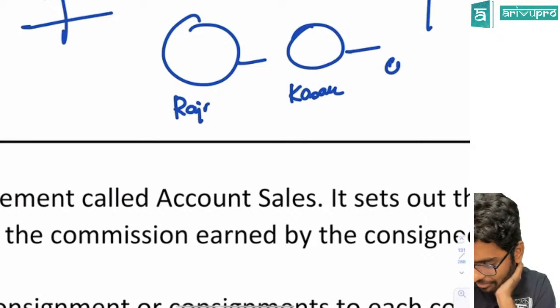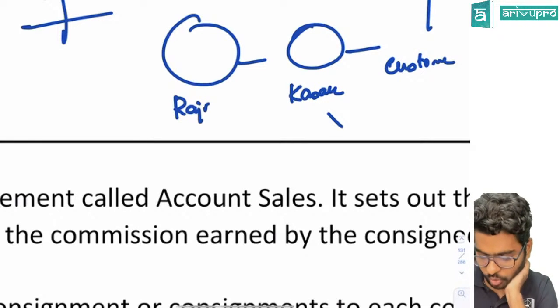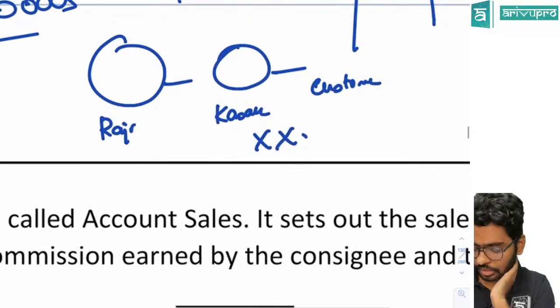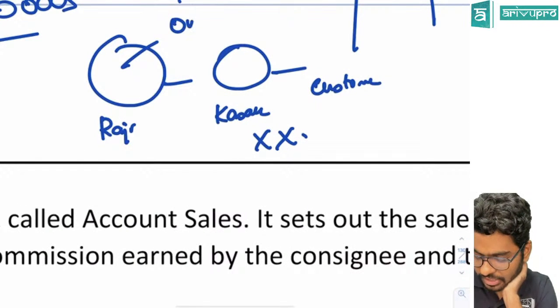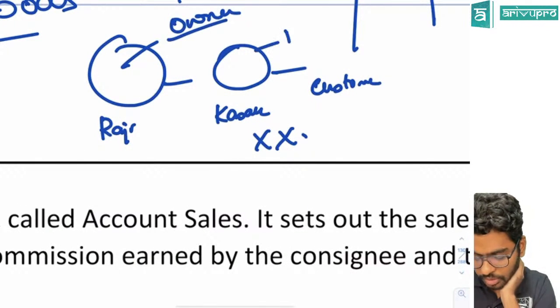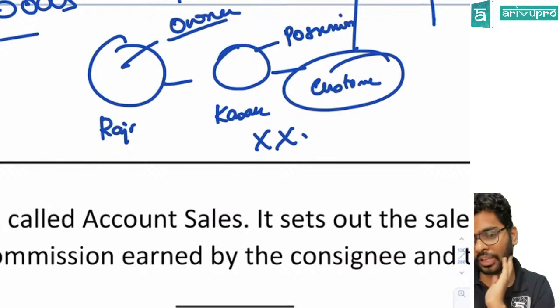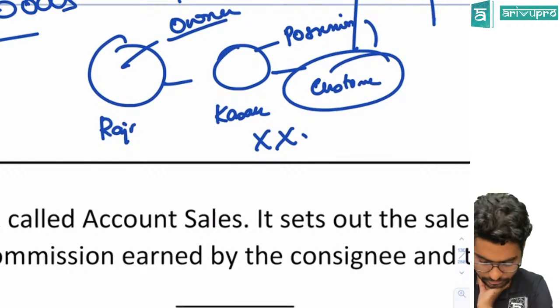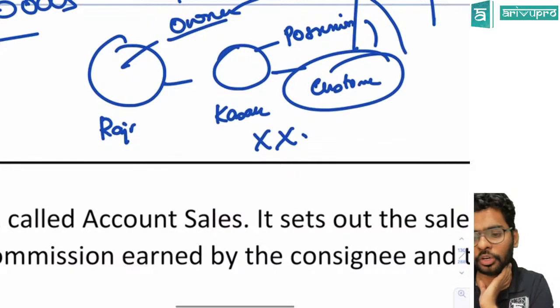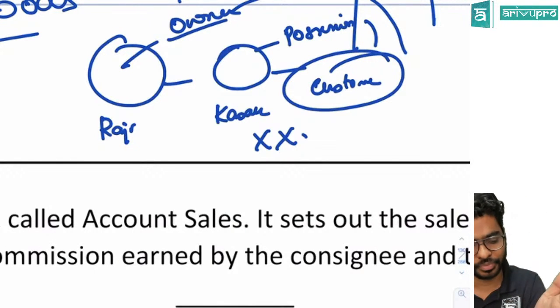Kasak sells everything to the customer, no problem. We learned that Rajiv is the owner of the goods. Possession is with Kasak. Once sale is done to the customer, the ownership and the possession get transferred.